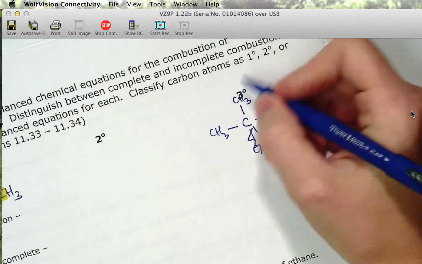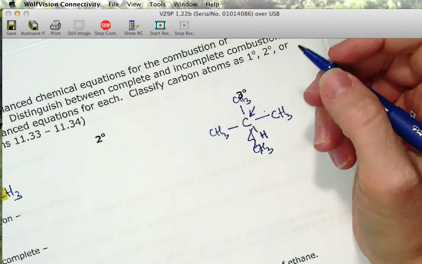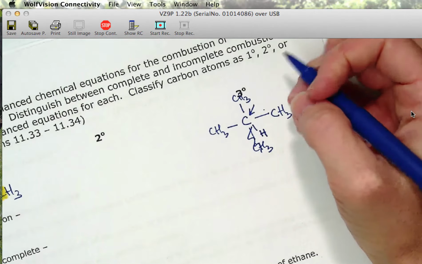And this one is a hydrogen. You will call this carbon a tertiary.